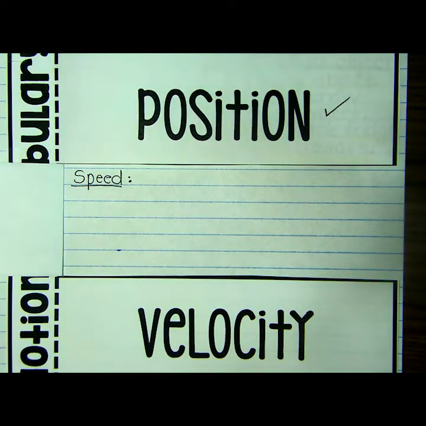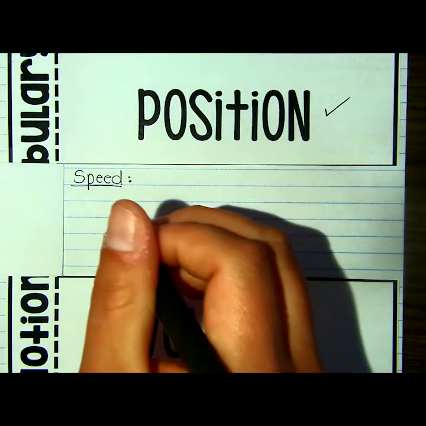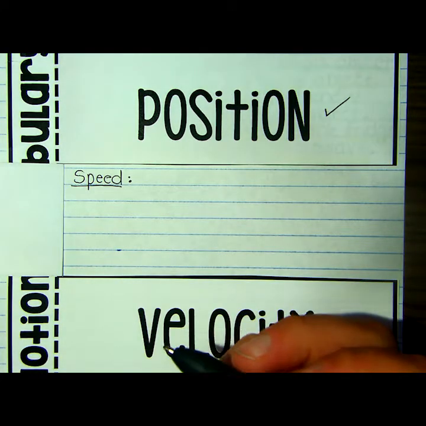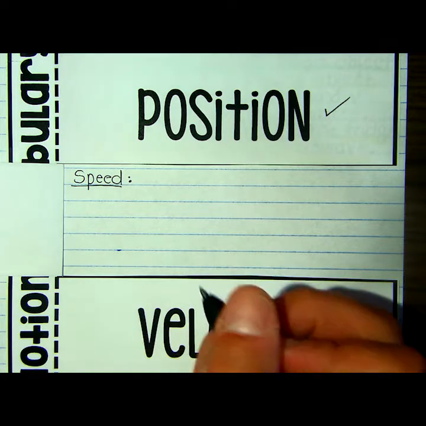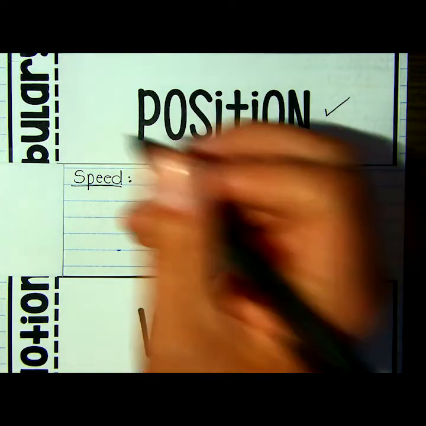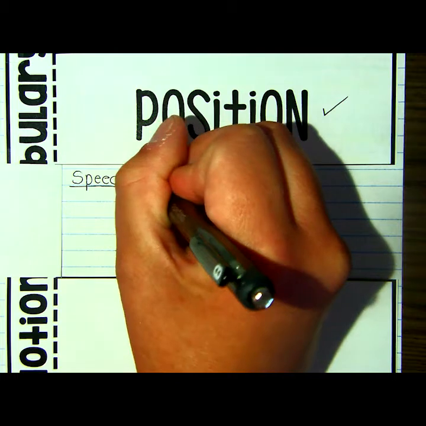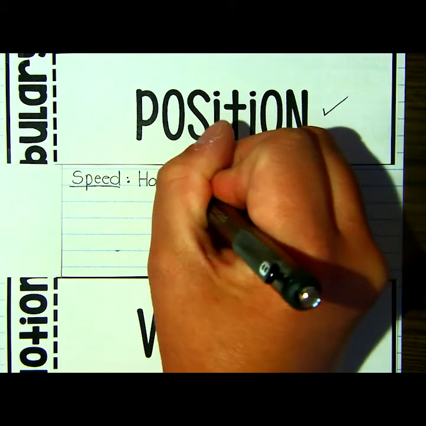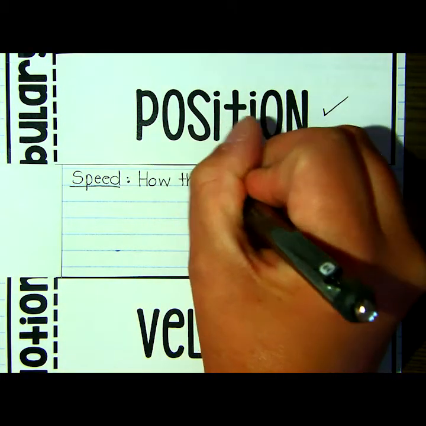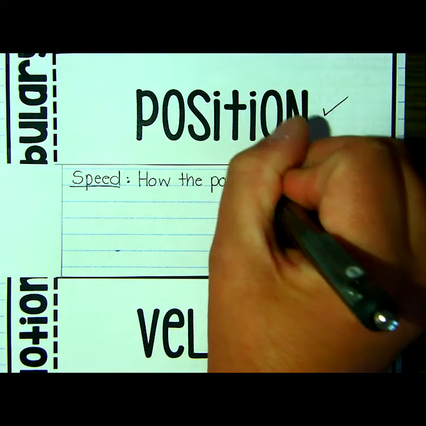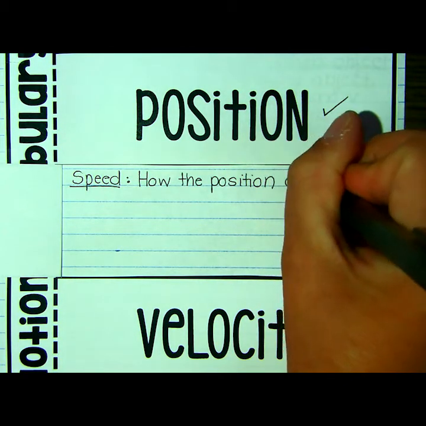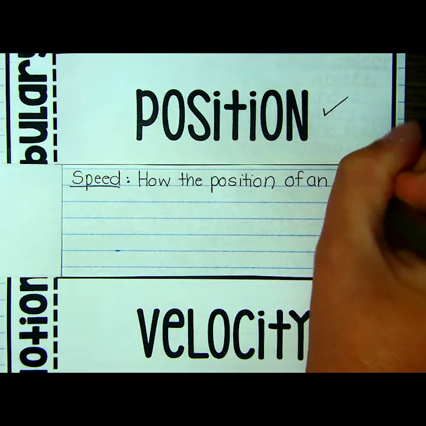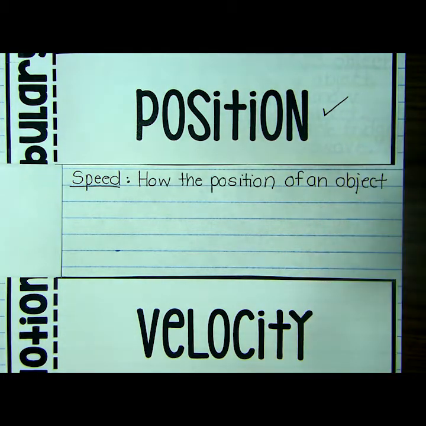Our background knowledge helps us to kind of understand speed. But when we think of it in relation to science and how scientists would describe speed, speed is how the position of an object changes.